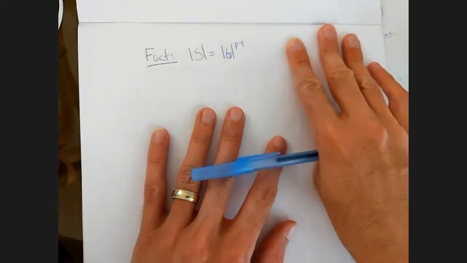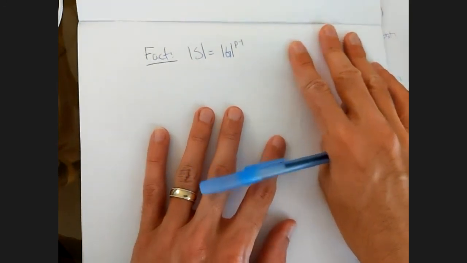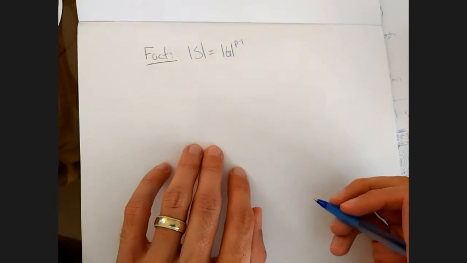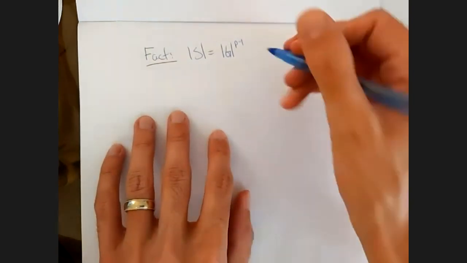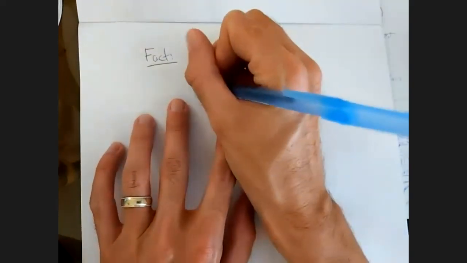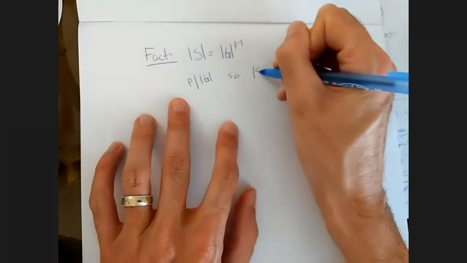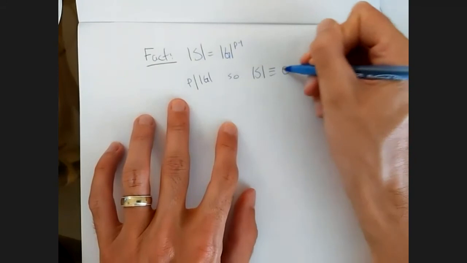Yeah, this video is a little bit blurry. Sorry about that. Another fact, also p divides the order of G. So the number of elements of S is congruent to 0 mod p.